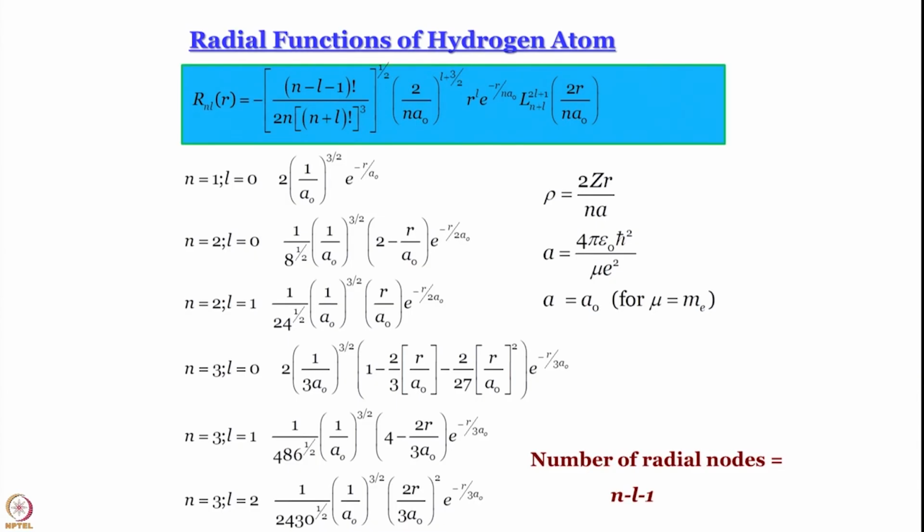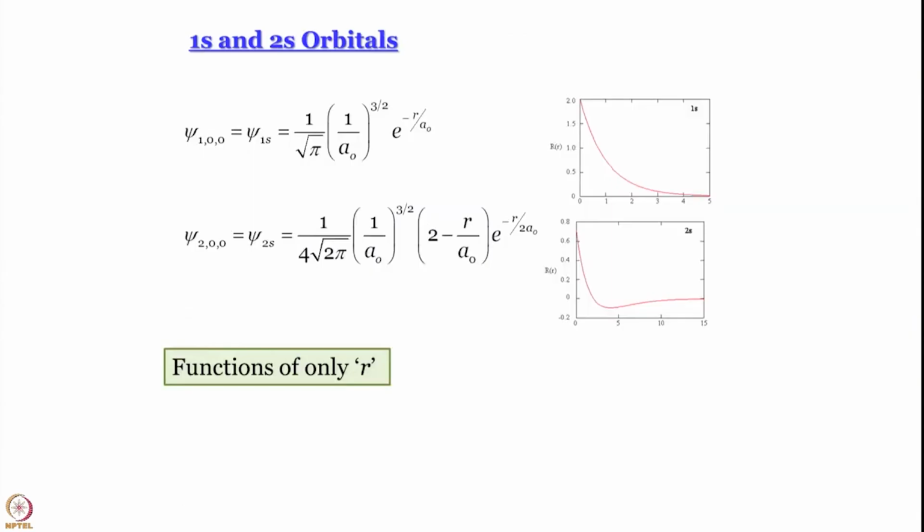So, when n goes up, the number of radial nodes goes up, but when L goes up, it goes down because it is minus L. That is why you have these functions going through a node and then not going through a node as you increase n. So, this is the number of radial nodes, and this expression is something that we know from our high school days. This then is a brief discussion of the radial functions of the hydrogen atom.